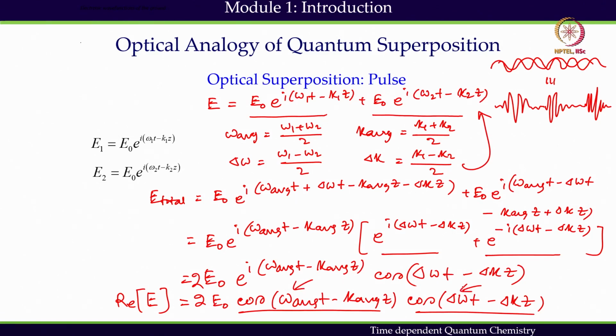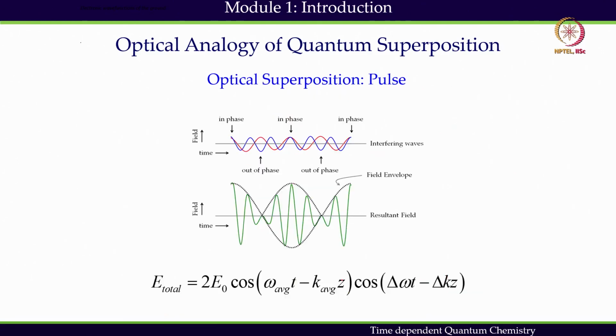Delta omega, I told you that the frequencies have very small difference, so delta omega is going to be very small, and that's why this is going to be a slow varying component, and this is going to be a fast varying component. So there are two variations we see, and that's exactly what is shown here. This one is the slowly varying component, which is defining the field envelope.